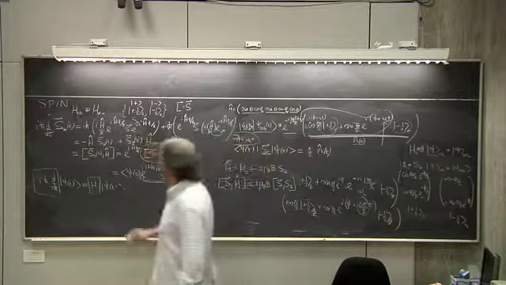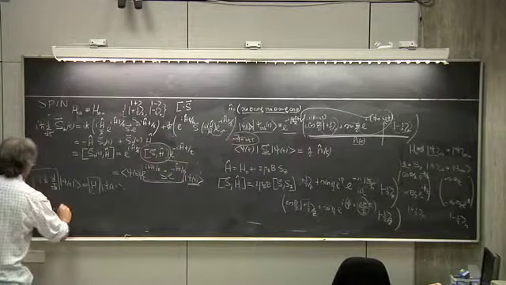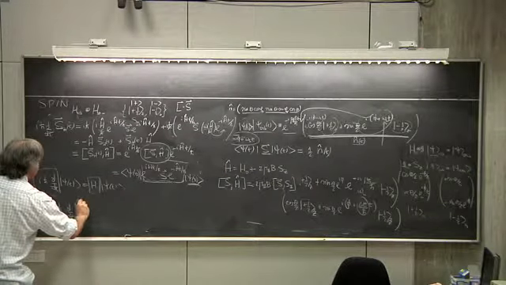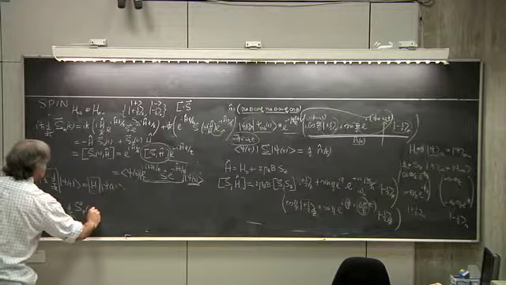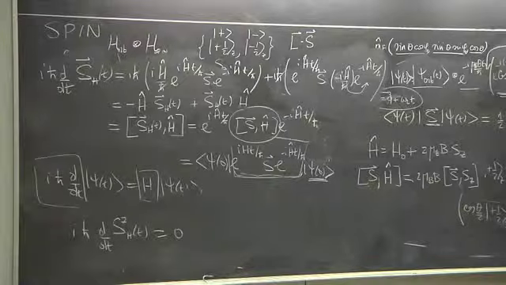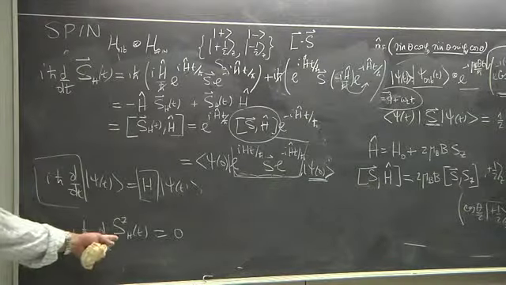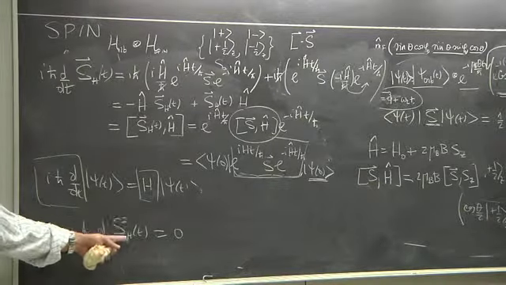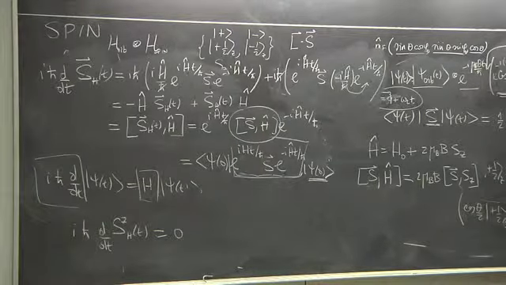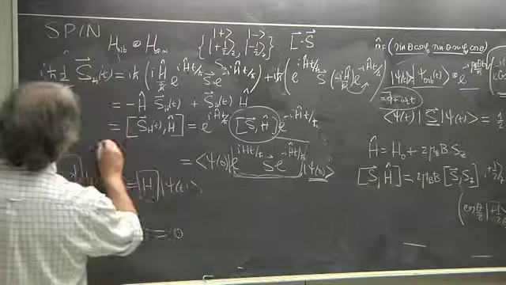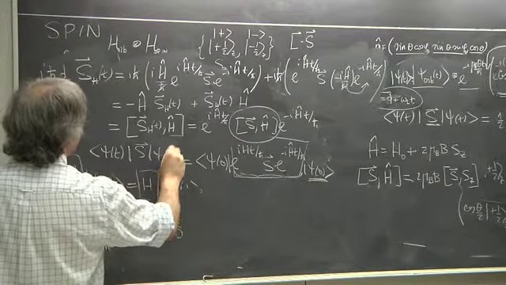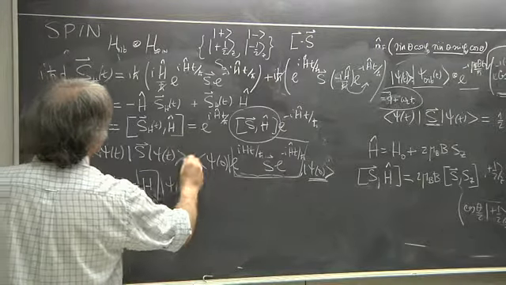So this immediately tells me that i h bar times the derivative with respect to time of Sz in the Heisenberg representation should be 0. This immediately implies that Sz Heisenberg is not depending on time, which means that the expectation value, after all, this is just the expectation value of the spin on the state.